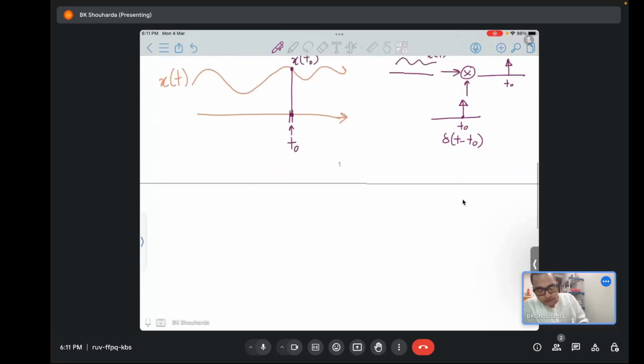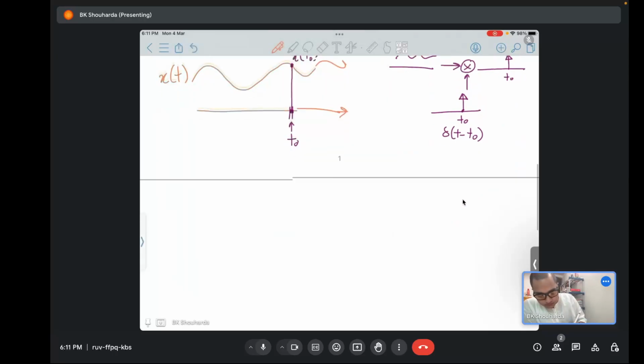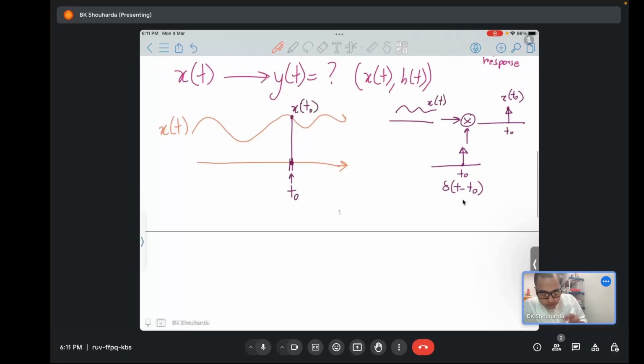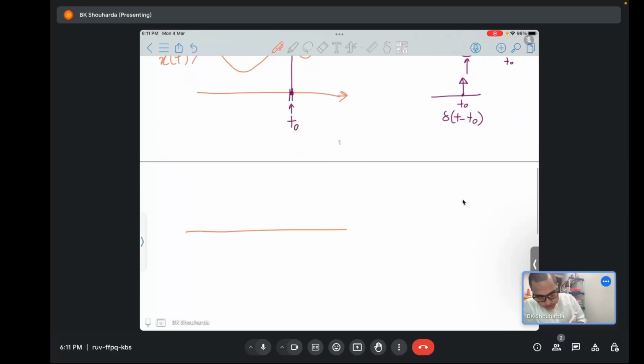Now the entire signal can be captured by infinitesimally small length impulses, so I can multiply these impulses with the signal and get the values of each of them.